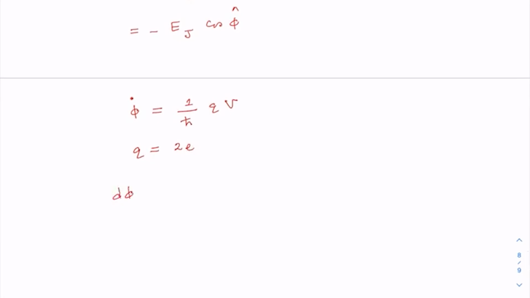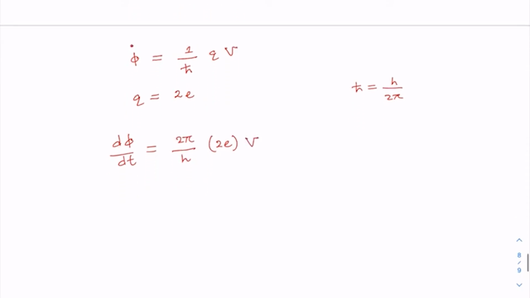So we can write d phi dt is equal to, h cross is the reduced Planck's constant, that is h by 2 pi, so I can write it as 2 pi by h. H is Planck's constant, q is 2e, and v is the potential difference or voltage. And this I can write as 2 pi divided by phi 0 into v, where phi 0 is the so-called flux quantum, and it is equal to h by 2e.